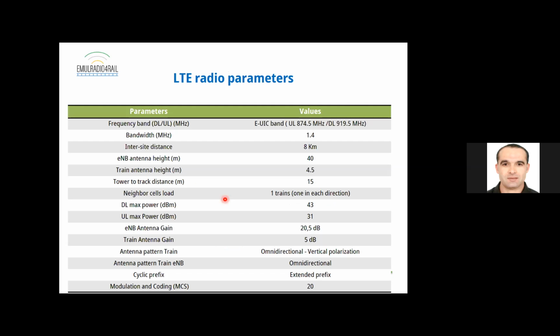Here is an overview of the considered LTE radio parameters, particularly the frequency band. We consider the extended UIC band at 900 megahertz and a bandwidth of 1.4 megahertz. We also consider parameters for antennas at the train and eNodeB, maximum power transmission, antenna gains, etc.